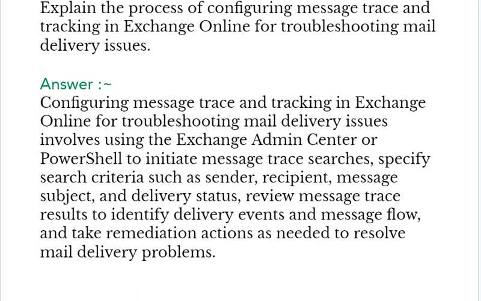Your answer should be: configuring message trace and tracking in Exchange Online for troubleshooting mail delivery issues involves using the Exchange Admin Center or PowerShell to initiate message trace searches, specify search criteria such as sender, recipient, message subject, and delivery status, review message trace results to identify delivery events and message flow, and take remediation actions as needed to resolve mail delivery problems.